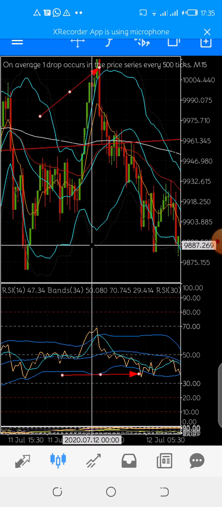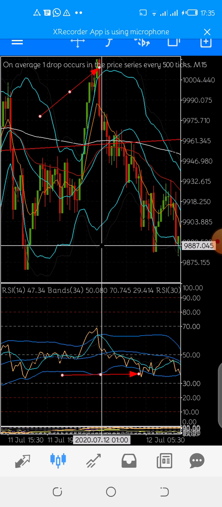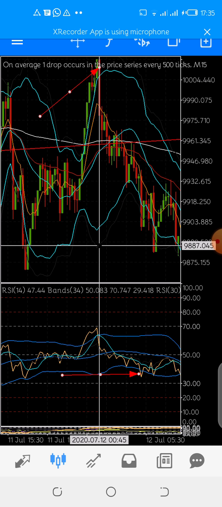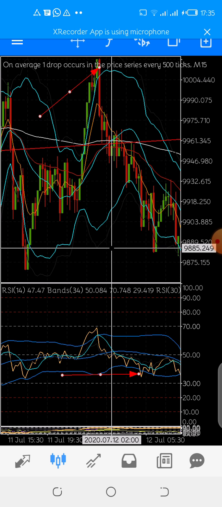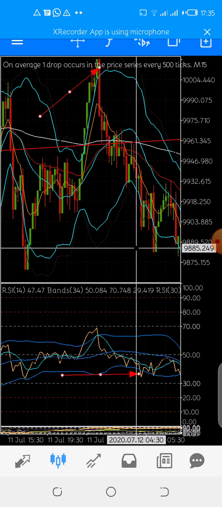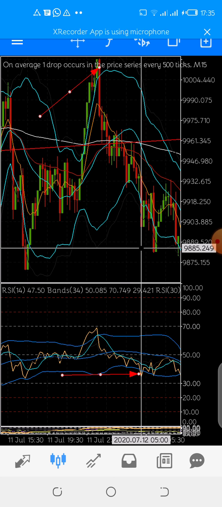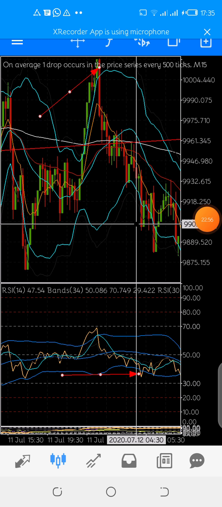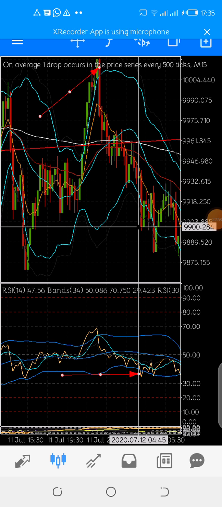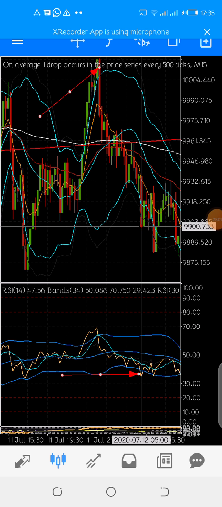And if we bring our cursor here, so that is where you are supposed to have entered the market and left the market there. That is where you are supposed to have left the market.